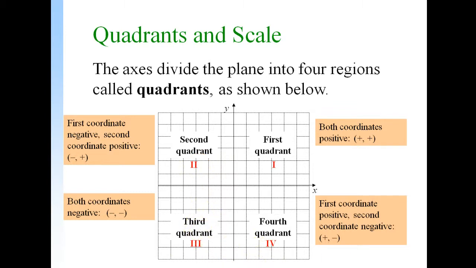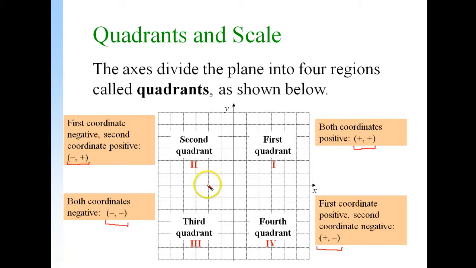Now, an interesting thing about these, that in the first quadrant, both coordinates would be positive. In the second quadrant, the x is negative while the y is positive. In the third quadrant, both are negative. And in the fourth quadrant, the x is positive, but the y is negative. Often you're asked what quadrant something is in, so this is the layout of it.